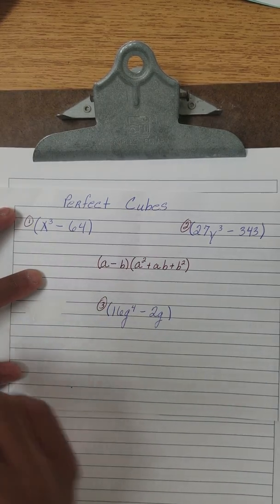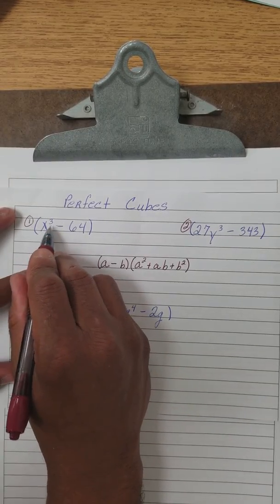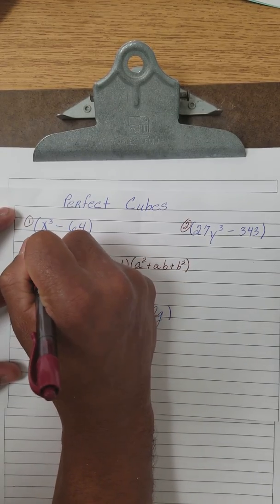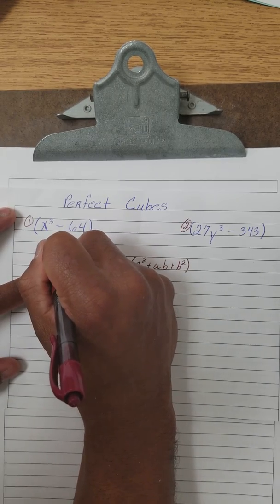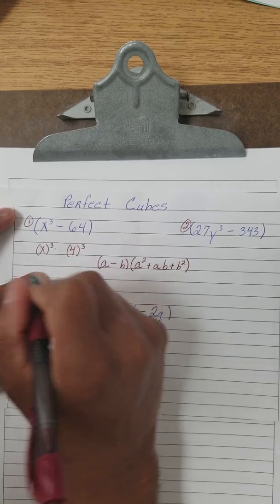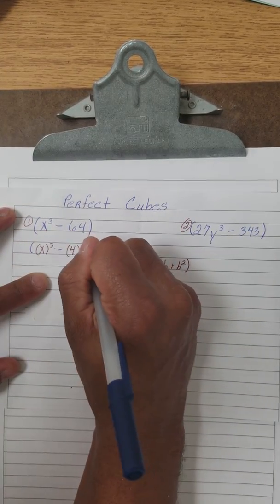I'm going to color code this to make this as obvious as possible. In this case, x cubed, well, that's kind of obvious. We know that it took x to be cubed. And in this case, it took 4 to be cubed in order for us to get our x cubed minus 64.